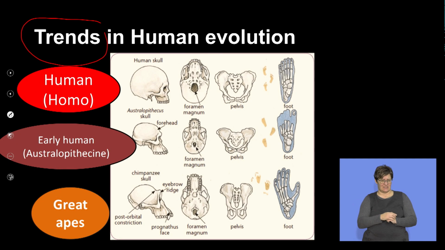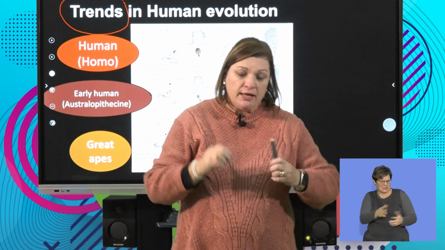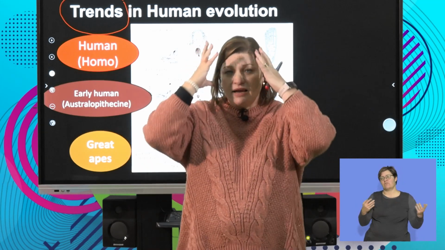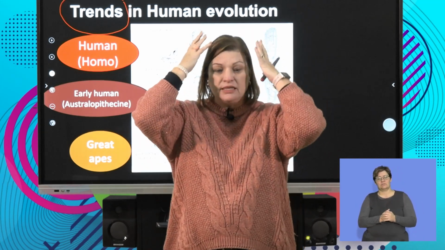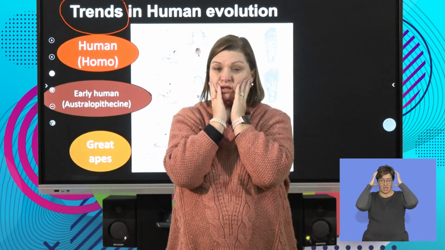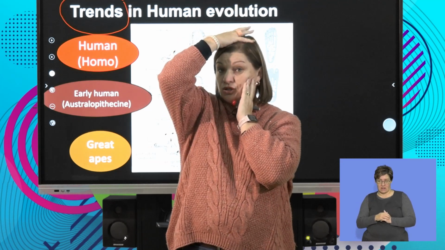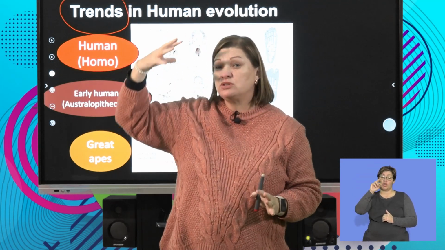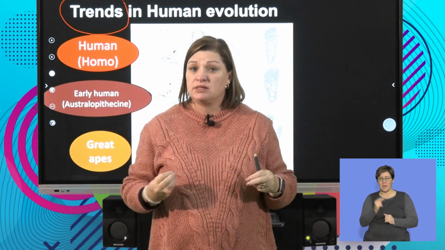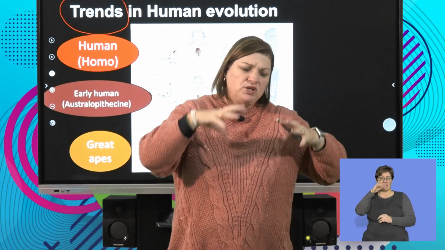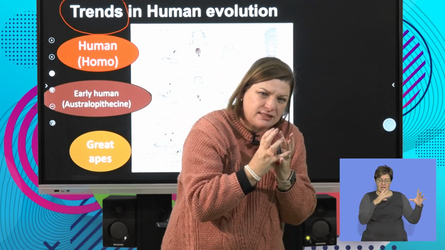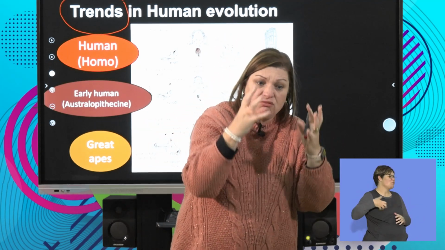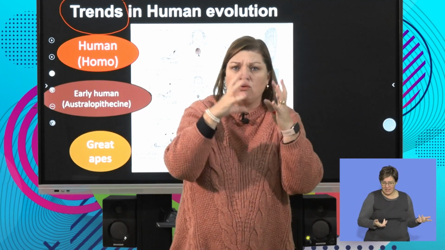What do I mean by trends? Let's take, for example, this whole structure is the skull. This structure is the cranium. So it's really important that you understand what the skeleton is. So we start off with primates, let's start off with gorillas or monkeys, or apes.